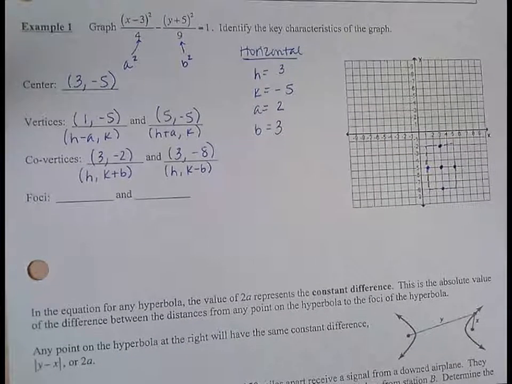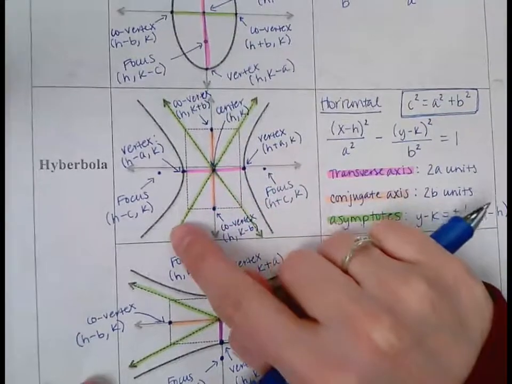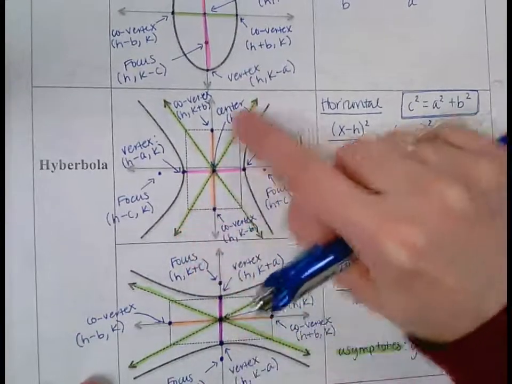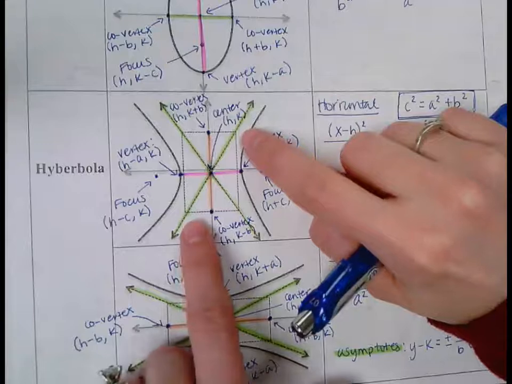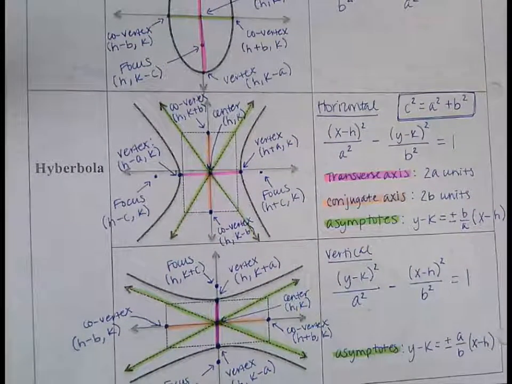It's dashed because we're using it to help us graph the hyperbola, but it's not actually part of the graph. Once you have the box dashed in, then you want to draw in your asymptotes, those lines that your hyperbola will not touch or cross, and those, again, should be dashed in. So the asymptotes, remember, go through your center, but notice we don't have to come up with the equation and then graph using slope-intercept form.